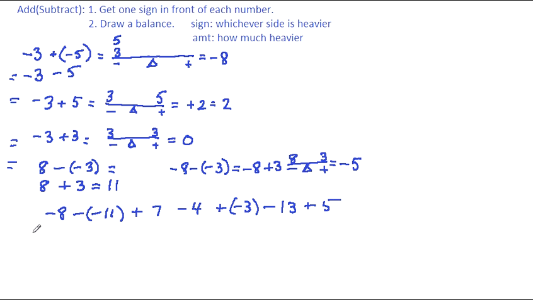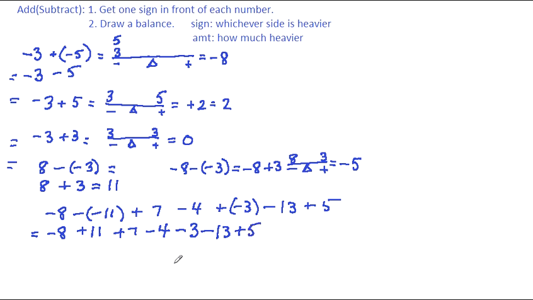It's actually quite easy, but the first thing you want to do is get one sign in front of each number. -8, +11, because negative both attach themselves to the 11 that follows them, plus 7, -4, plus a negative in front of a 3 would be just a -3, -13, plus 5.